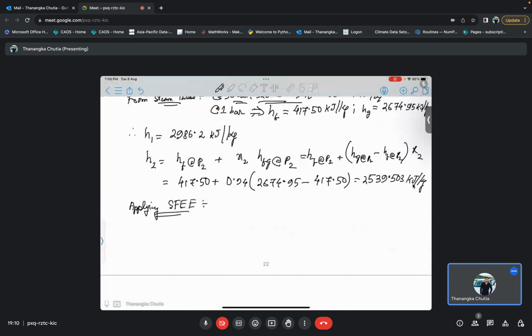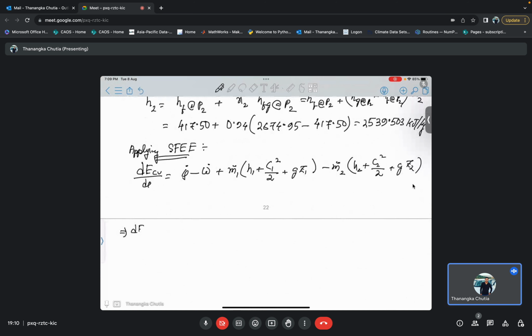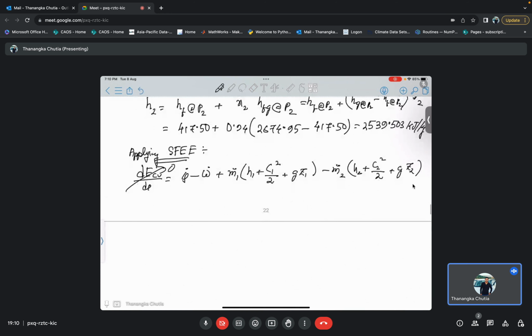What will we get? dECV by dt is Q dot minus W dot plus m1 dot (H1 plus C1 squared by 2 plus Z1) minus m2 dot (H2 plus C2 squared by 2 plus Z2). This will be 0 because this is a steady flow process. What we have to calculate is the Q dot, so I will put the Q dot on the other side.